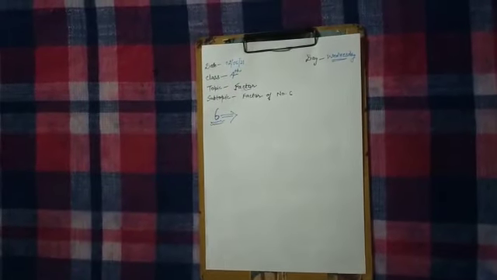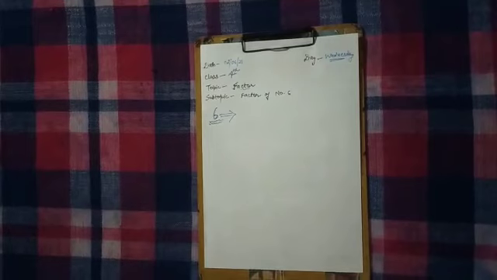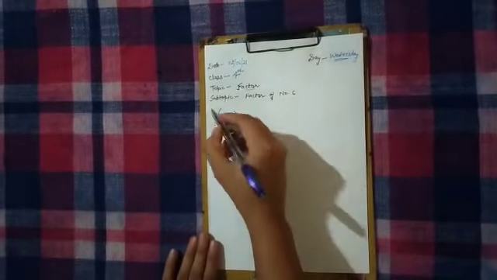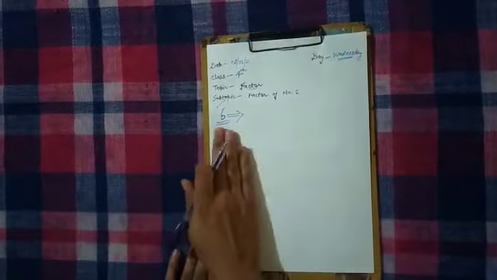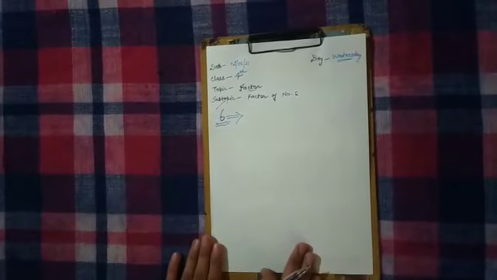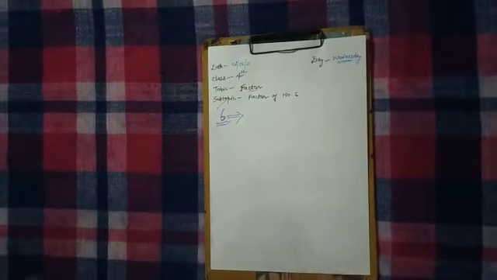First, we are taking an example. Example of 6 means firstly we will find out the factors of 6. Let's start.